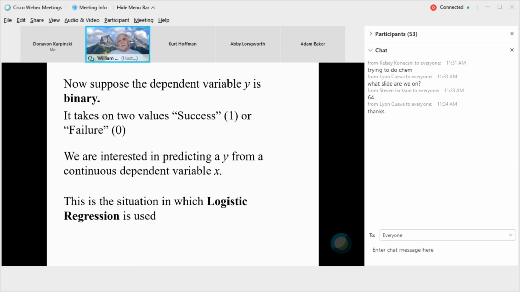And what you want to do is predict whether the person goes into remission or doesn't go into remission. So these are all ones where the dependent variable is not continuous, but just has two outcomes, success or failure.